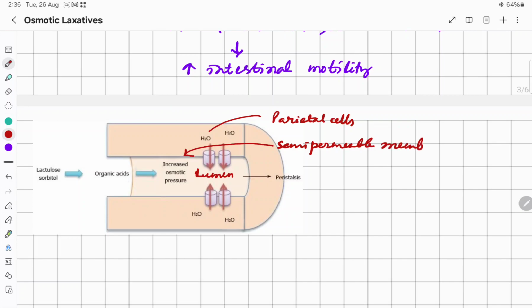When the concentration of salts and electrolytes increases in the lumen, to create the equilibrium, water from the parietal cells moves towards the lumen through the semi-permeable membrane. That is the process of osmosis.